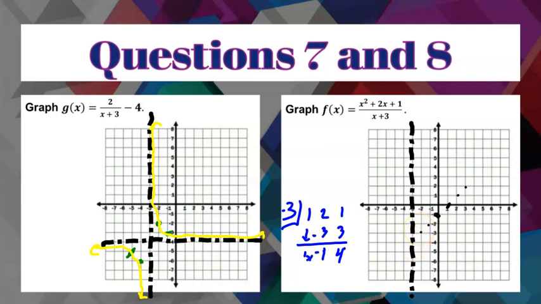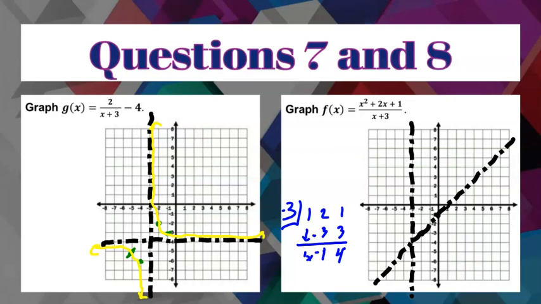So now I can put my asymptote line in here. And then all I need to do now is just choose points, 2 points on the right hand of the vertical asymptote and 2 on the left hand.